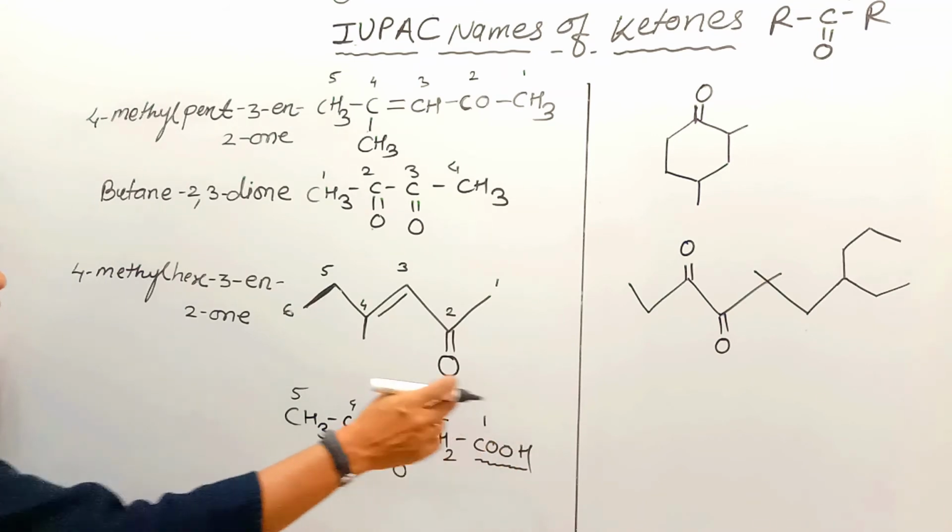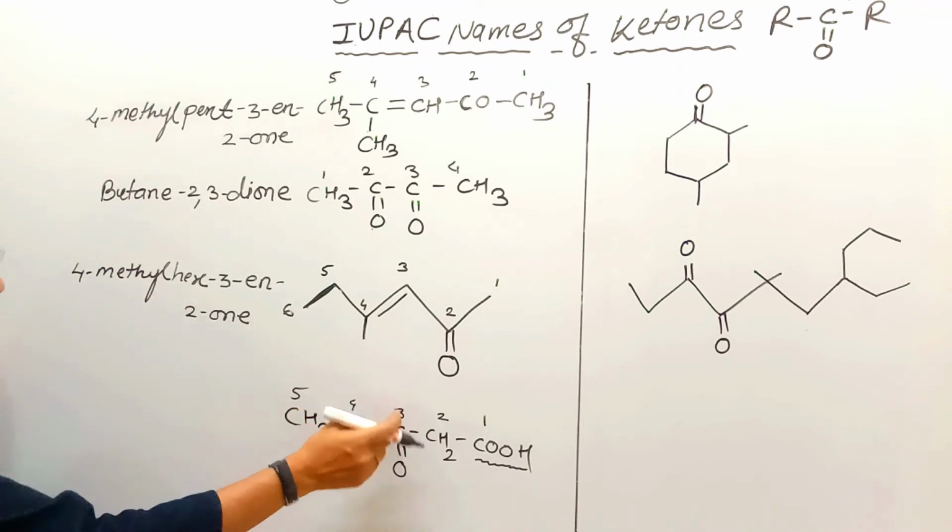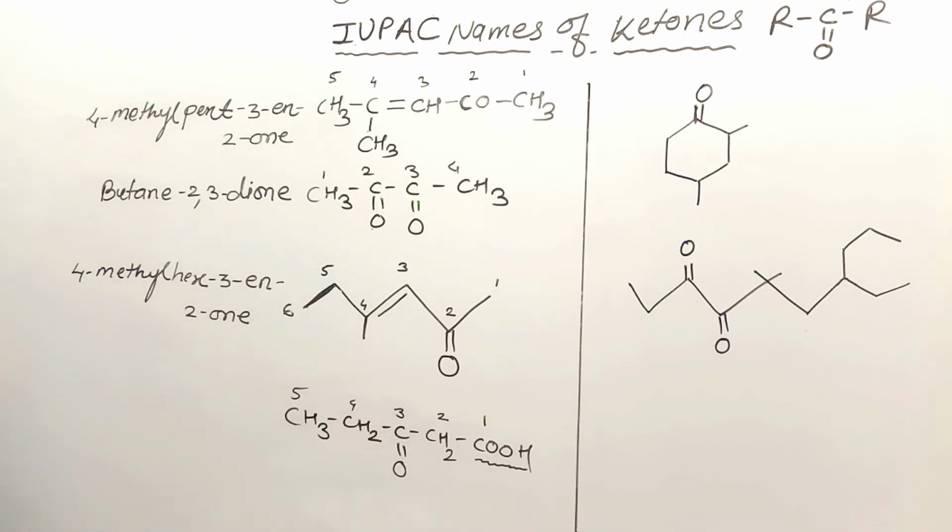Okay. So the total carbon are 5. At the third position a CO group is present. So it is treated as a prefix. So 3-oxo. When it is used as a prefix, as it is a lower priority group, 3-oxo.